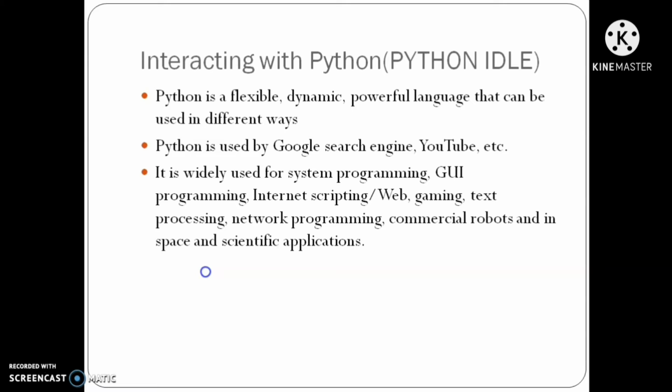Python is used by the Google search engine, YouTube, etc. It is widely used for system programming and GUI programming. GUI means graphical user interface programming, internet scripting or web, gaming, text processing, network programming, commercial robots, and in space and scientific applications.